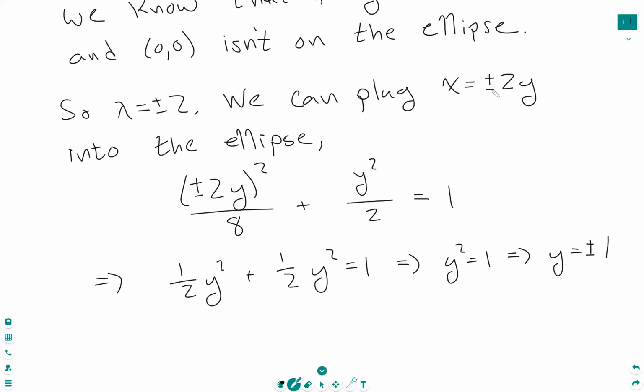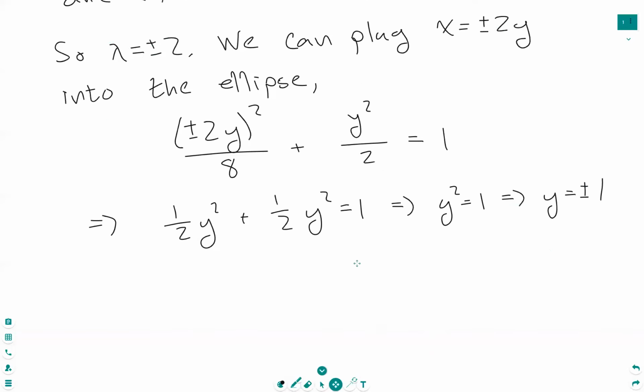Because if I plug in negative 2 for lambda, I still get y squared is equal to 1, which means that y is equal to plus or minus 1. So regardless of the plus and minus that I choose on lambda, I also get a plus and minus on y. So we have to keep that in mind.